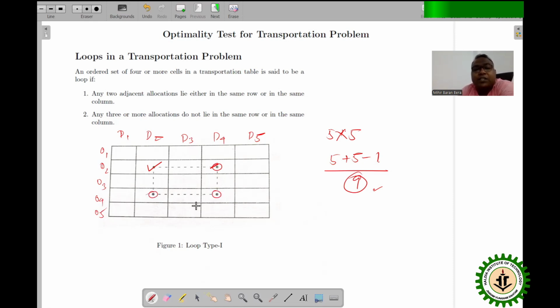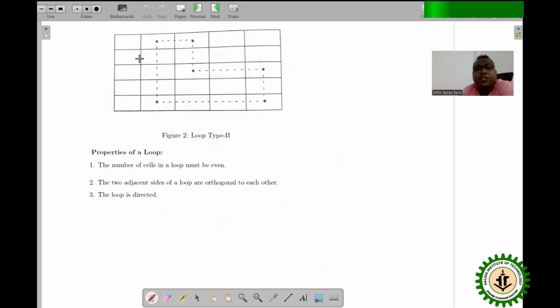At that time, this type of formation will form to allocate some element here. If this is not possible, then this type of loop will also form.